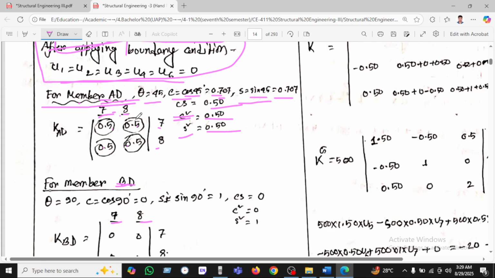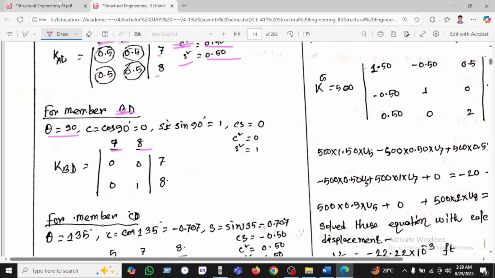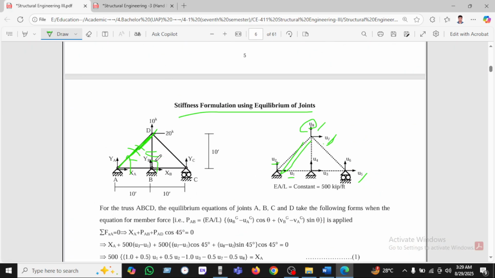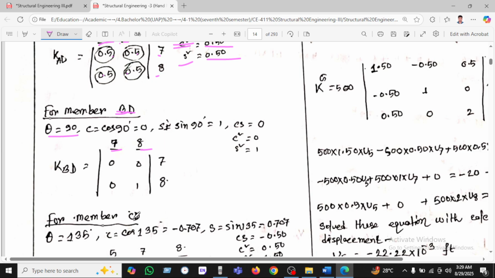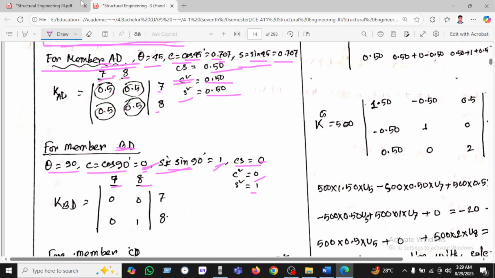We take theta as 90 from the horizontal. Cos 90 is 0 and sin 90 is 1. So CS equals 0 into 1 equals 0, C square is 0 squared, which is 0, and S square is sin 90 squared, 1 into 1. So we are just taking 7 by 7.